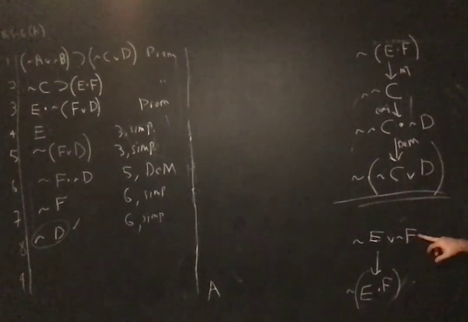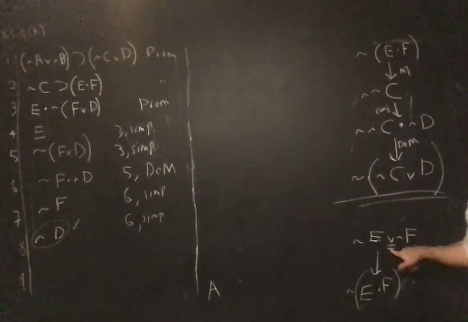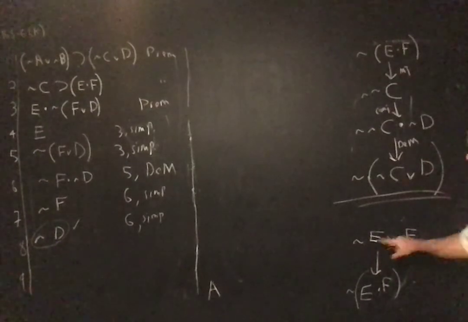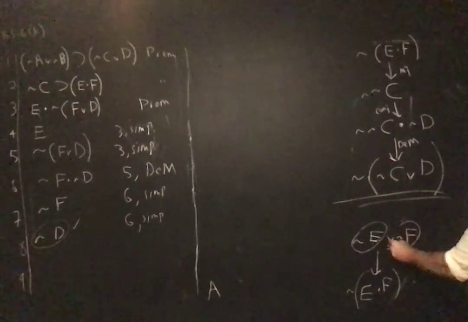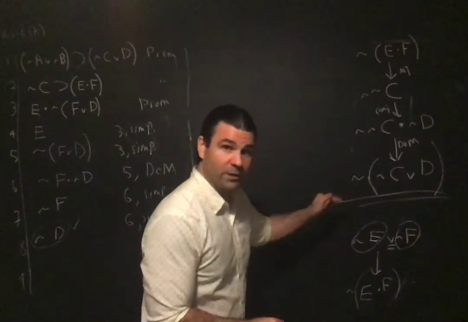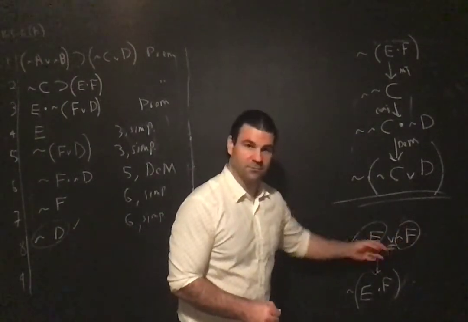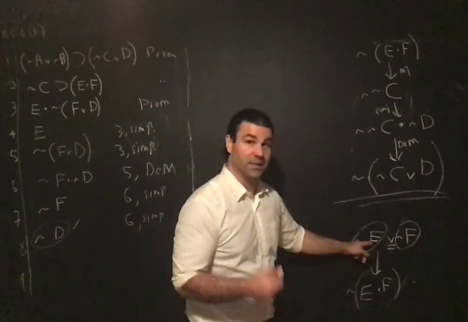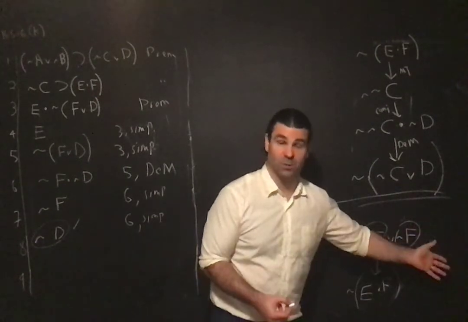What do you notice about this? That it's the form of a disjunction. That means potentially I could get this by what? By addition. If I have either one of these, not E or not F, then I can add the other one. If I'm given one of these, or I've derived one of these, that means I'm given that as true, in which case it would also be true that either that or whatever else I want is true.